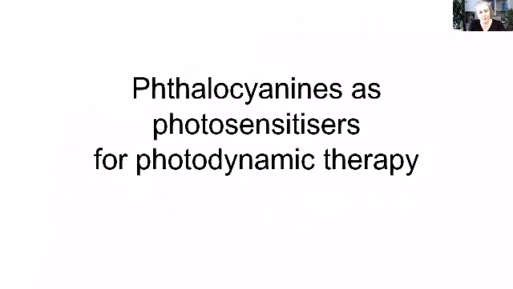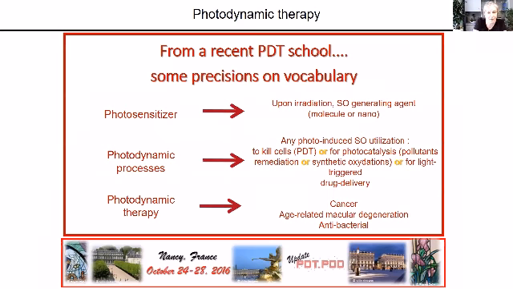And now I'm going to come to what is more, I would say, the core of what I am doing every day. It's using the phthalocyanine as a photosensitizer, for photodynamic therapy. So before getting into the detail, I would like to give some precision about the vocabulary, because I can see in some papers that there is sometimes some confusion between what is what.